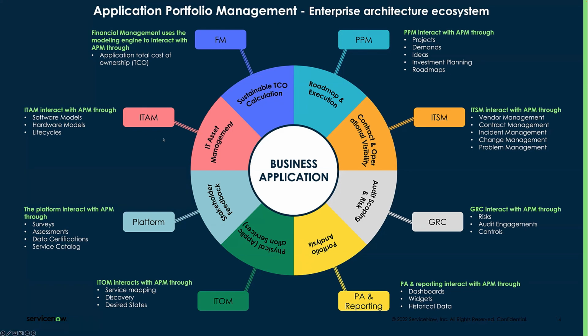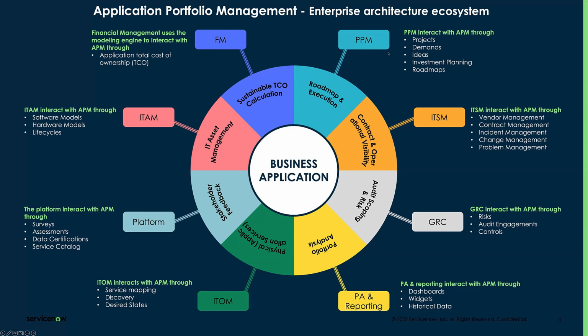IT asset management, we use that to define our technology list. And basically from there, you have an understanding of these enterprise systems using these technologies. These technologies have these entitlements, licensing, deployments, etc. It's tying in asset management. Financial management is able to calculate TCO.